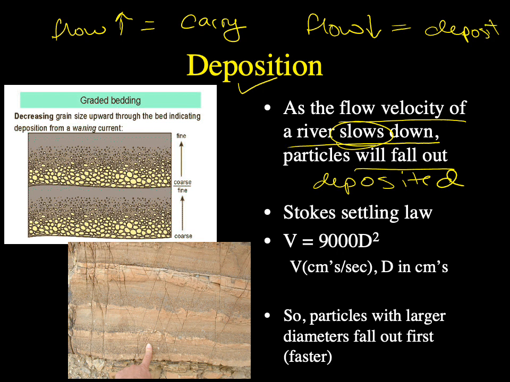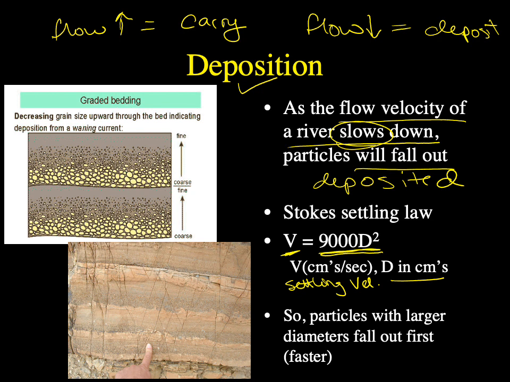We actually can calculate the rate at which particles fall, and it is set up this way. This V here is not the velocity of the river. The V here is the velocity of the settling particle, right? So how fast the particle will settle through a water column. So this is the settling velocity, okay? And it's equal to about 9,000 d squared. And they're talking about here the diameter of the particle, in centimeters.